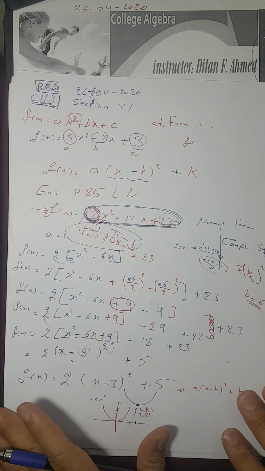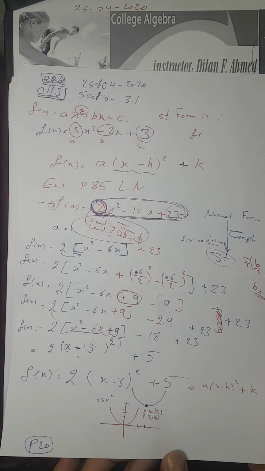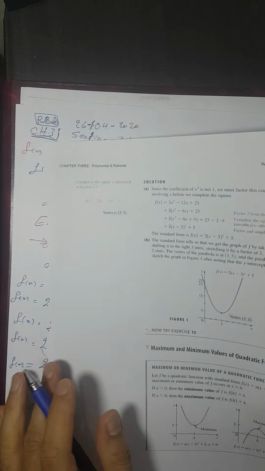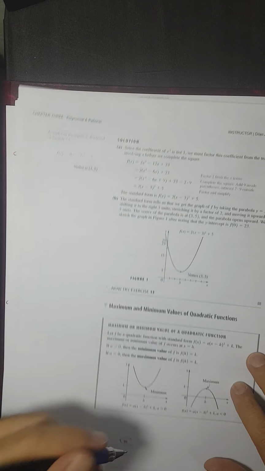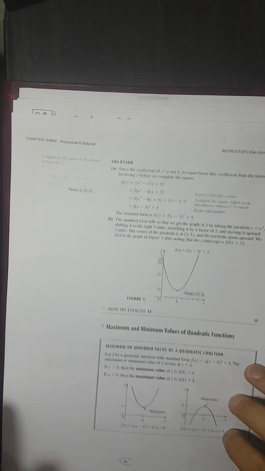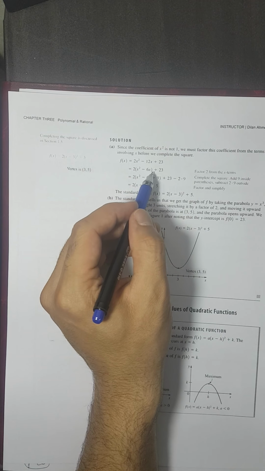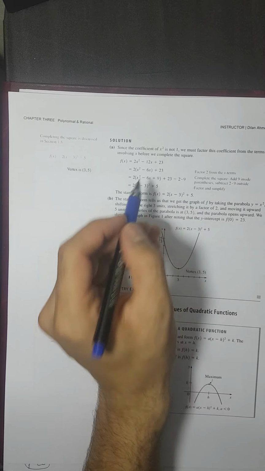No, we just need the shape. That's about example 1, and you can find it in your lecture on page 68, how to solve it, how to find it by completing the square.